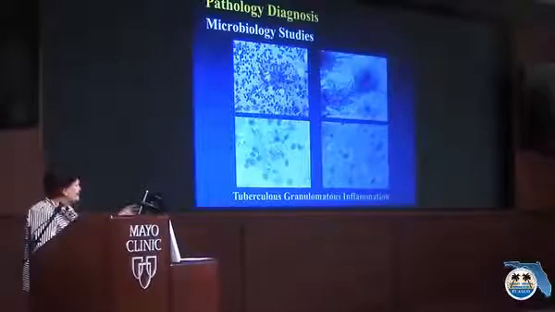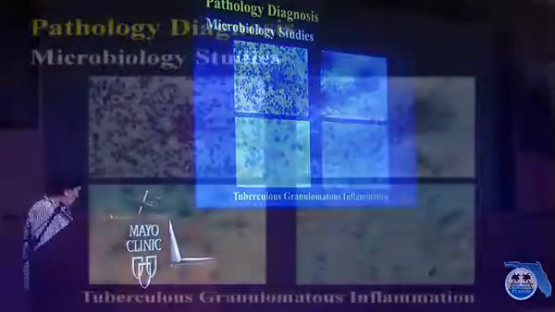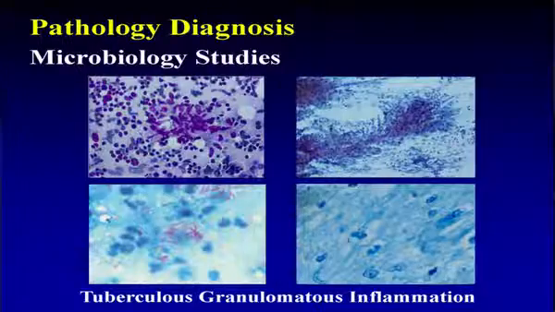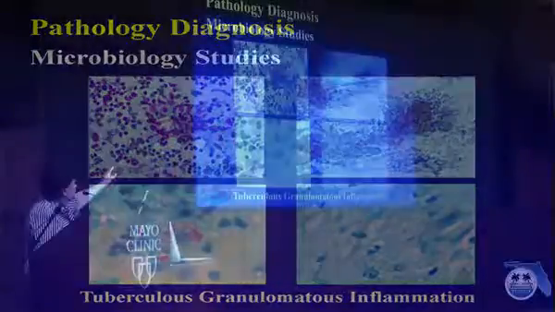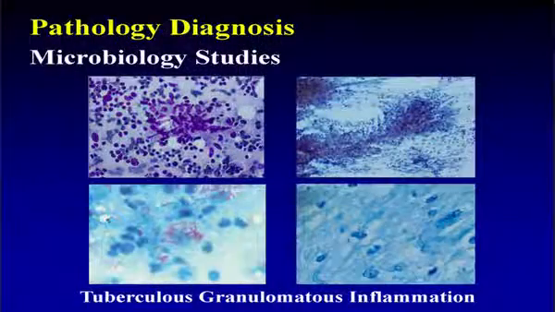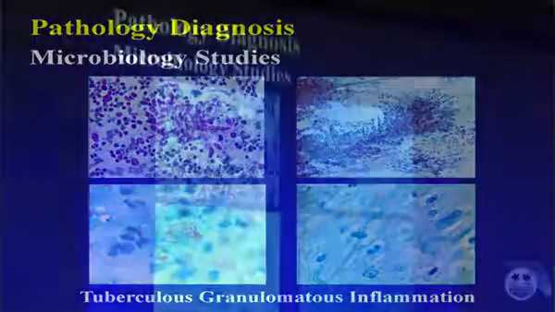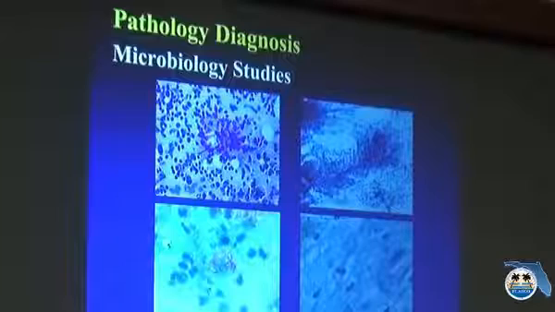So we see the changes within the morphology that we have in here. We see the abnormality, we see the morphology that looks like a granuloma. We look at it with different kinds of staining. And then you see these little red bacilli. These are the Mycobacterium tuberculosis.